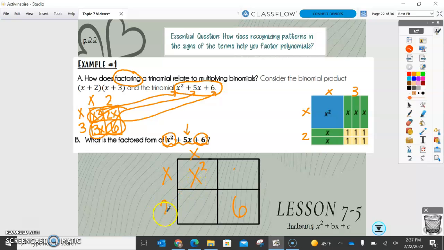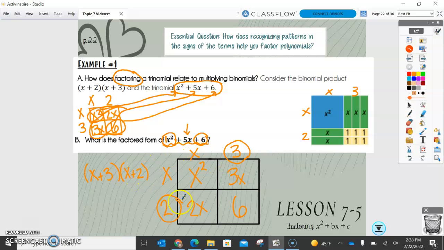If we took a 2 and a 3, 2 times 3 would make 6, and 3 times x is 3x, and 2 times x is 2x. We could try to guess these two numbers that would multiply to this last box in the bottom right here, but also add to each other to make the 5x. So our factored form would be, as we kind of already know, x plus 3 from the top of our rectangle times x plus 2.